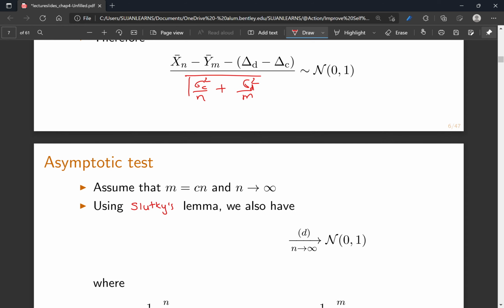So before we move on, let me present you with a result that will help us get to Slutsky's expression. That result is called the continuous mapping theorem.